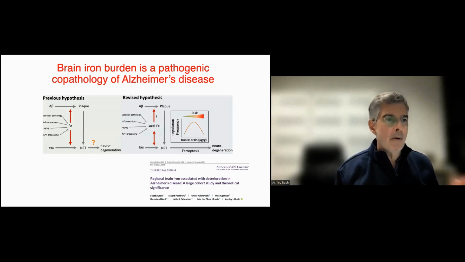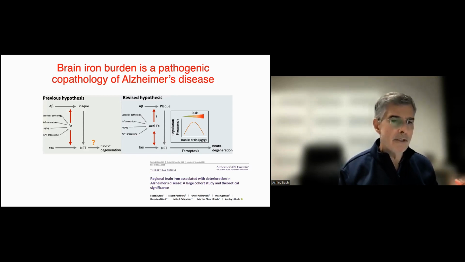What matters is that a lower level of iron is associated with less neurodegeneration, or a higher level with more neurodegeneration, and that it can be within the normal range, but the more iron appears to be associated with an adverse outcome. And we hypothesize that ferroptosis could be the mechanism of neurodegeneration that's involved here, and I'll explain that as we go along.